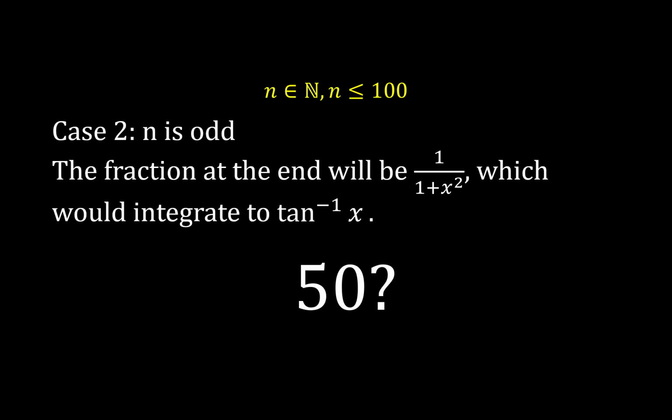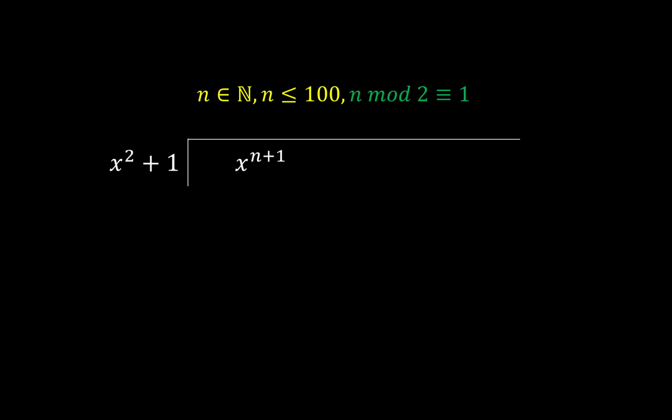Well, actually, no. We also need to take note of what happens to the coefficients of the quotient as we go down the division. So here I will demonstrate the example of dividing x to the power of n plus 1 by x squared plus 1.